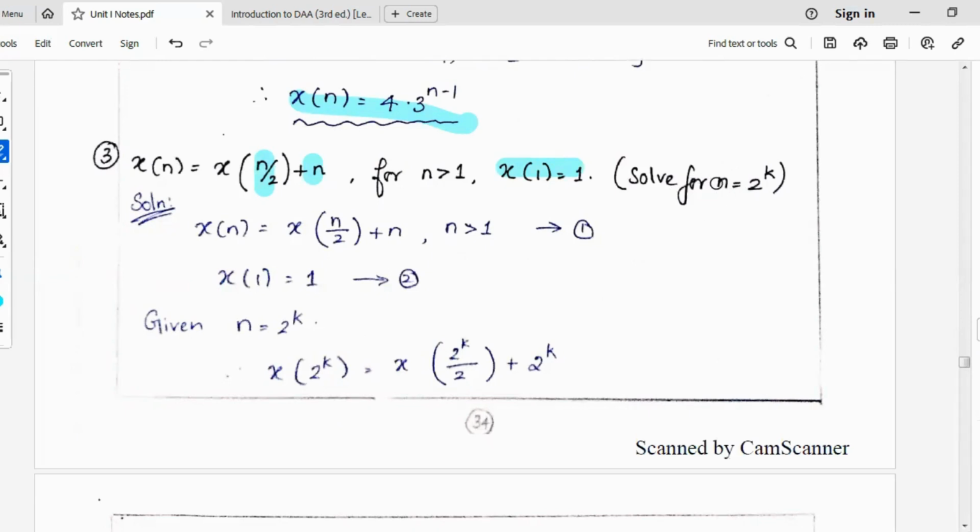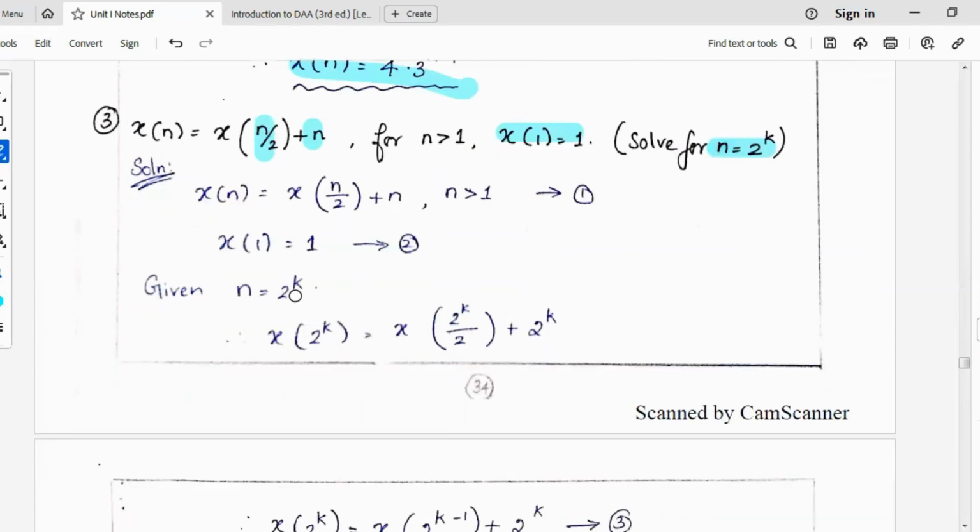They are giving that we have to find the value for n equal to 2 power k. That is also given. Okay. So we have to solve the question as usual. So the given is x of n equal to x of n by 2 plus n, x of 1 equal to 1, and the n value is 2 power k.